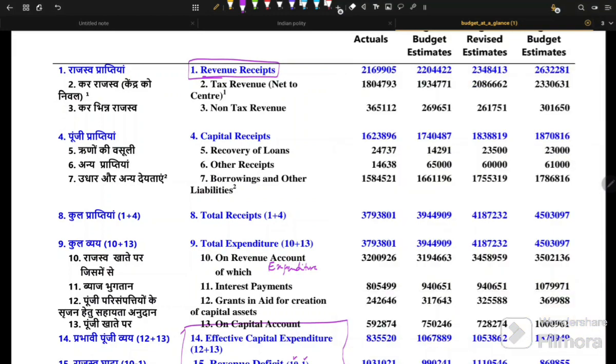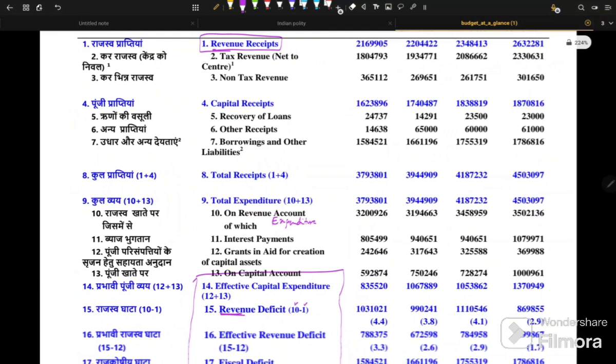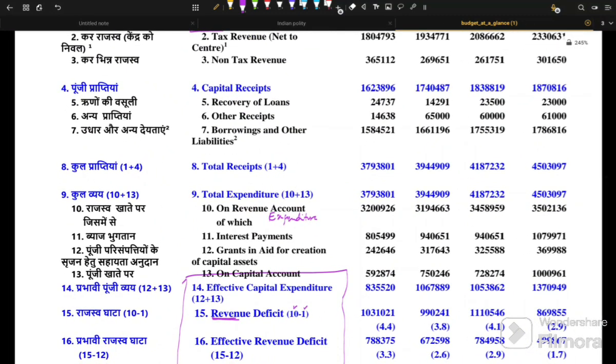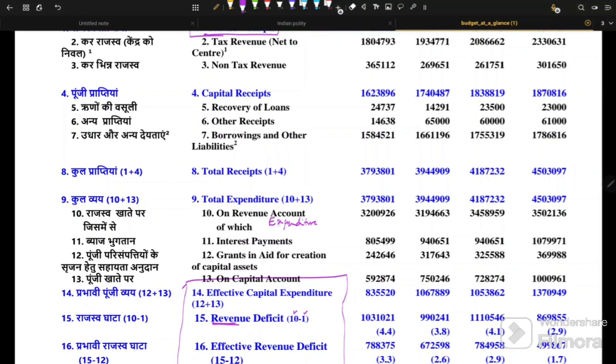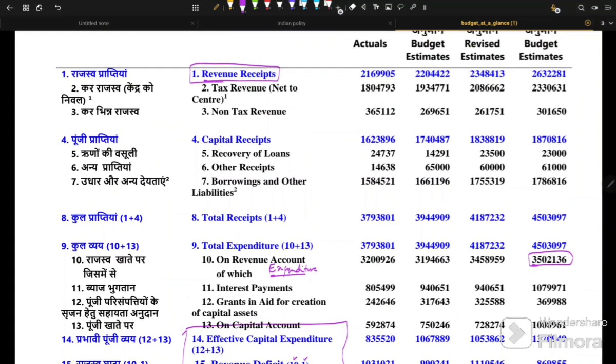Then what does it mean? Just understand the numbers, and at the end I will give the essence or the significance of this term. Revenue expenditure is 35 lakh something, and revenue receipt is 26 lakh something.